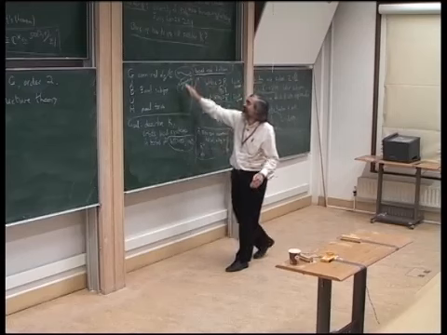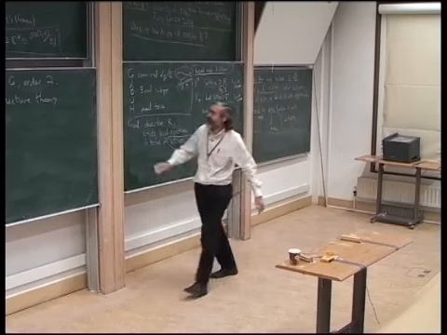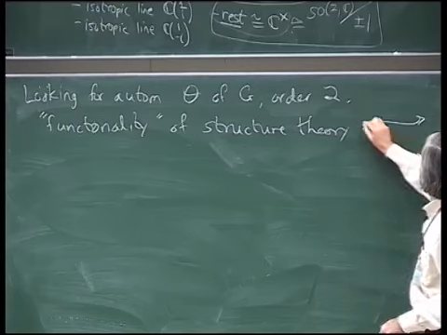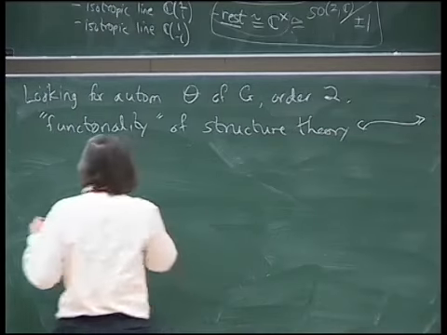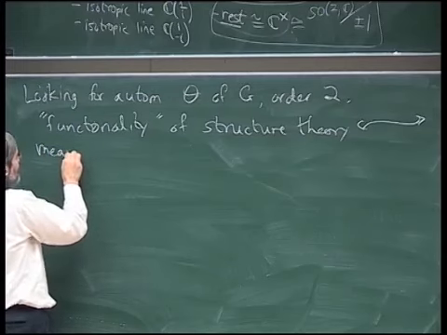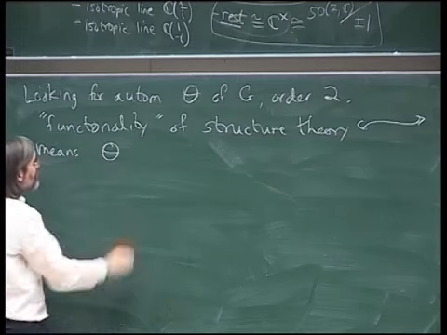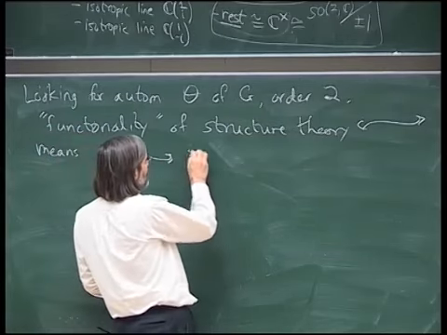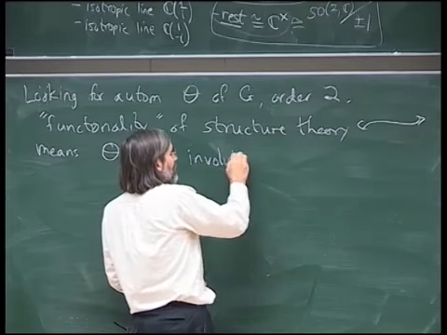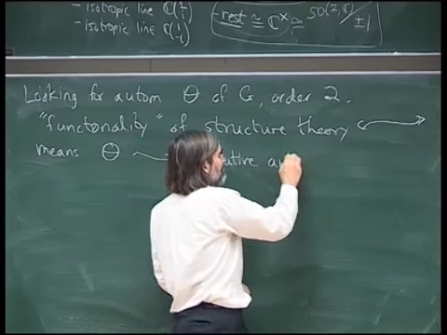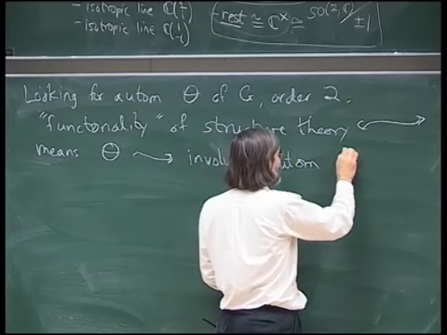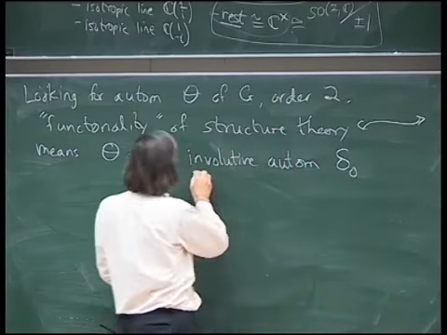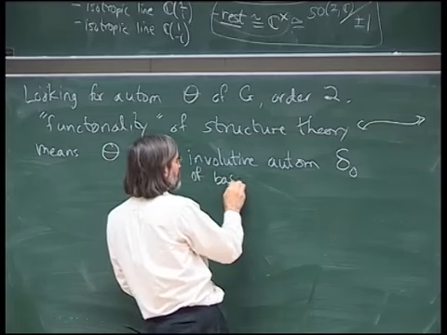There's a lot going on in here, but what this arrow means is that theta gives rise to an involutive automorphism that I'll call delta 0 of this based root datum.